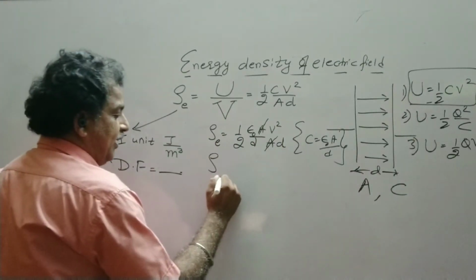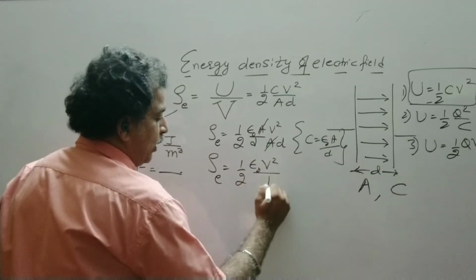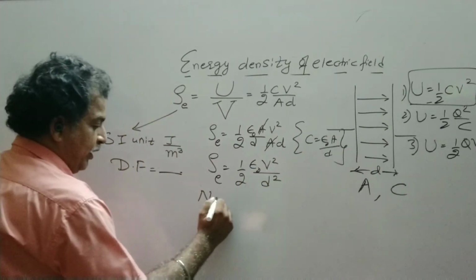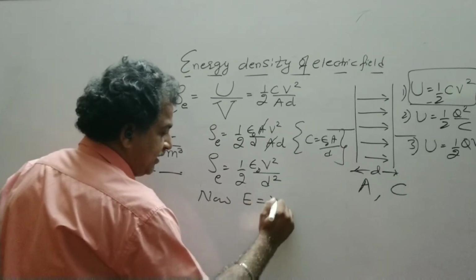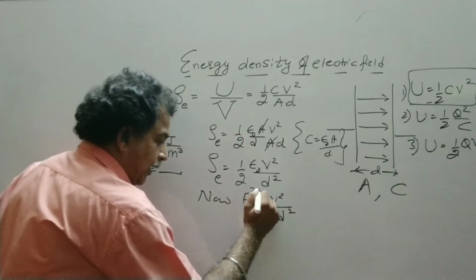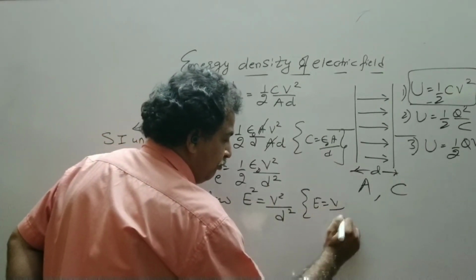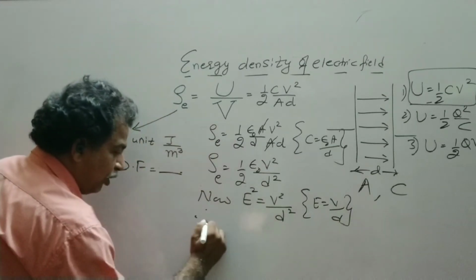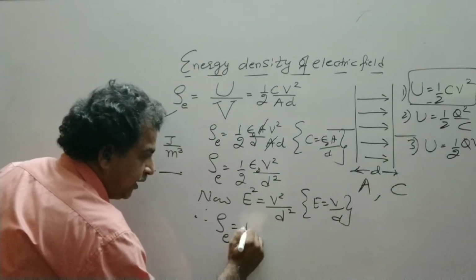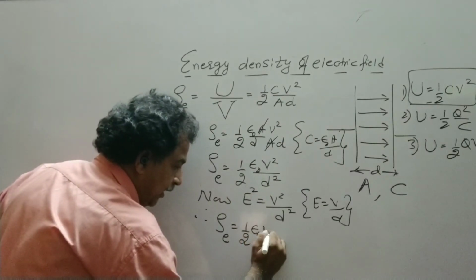So rho E is equal to half epsilon naught V square upon D square. Now we know that E square can be written as V square by D square, because E is equal to V by D, and therefore rho E can be written as half epsilon naught E square.